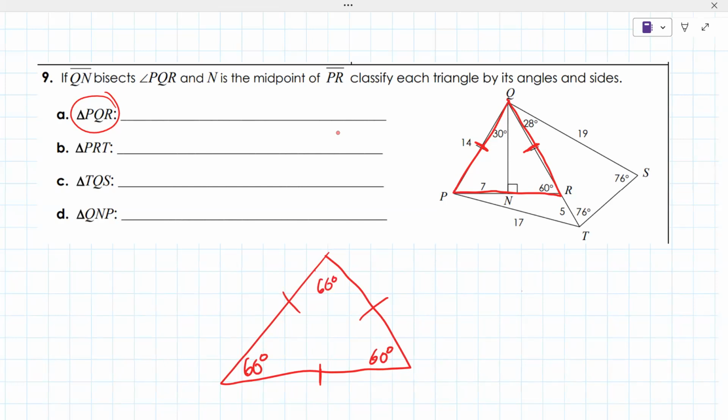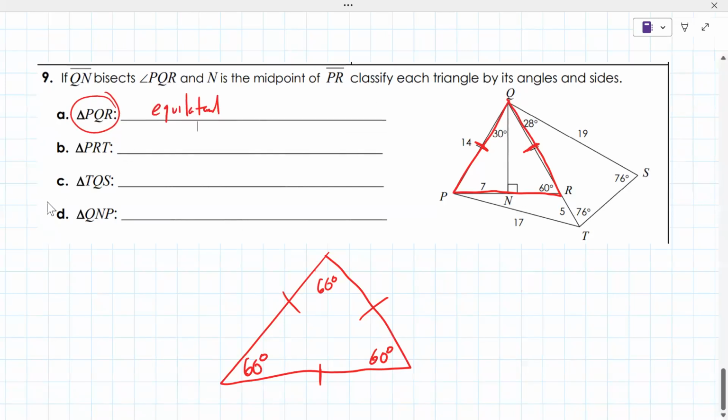Try again. All the sides are the same. Equilateral. All right, this is an equilateral.